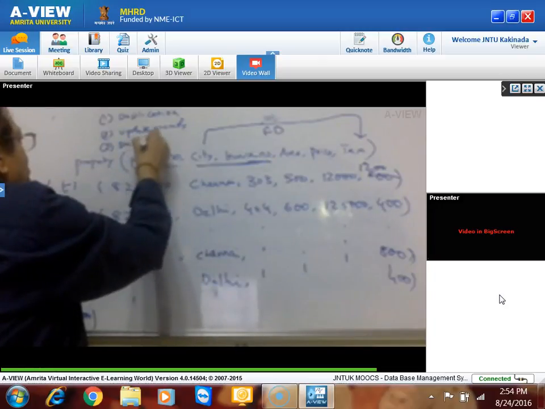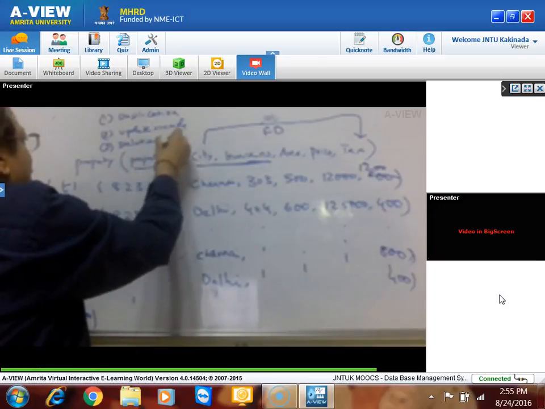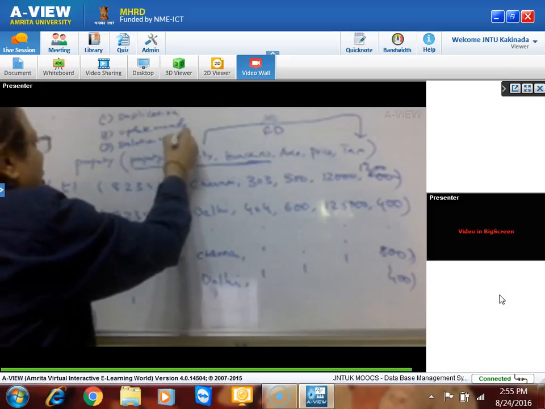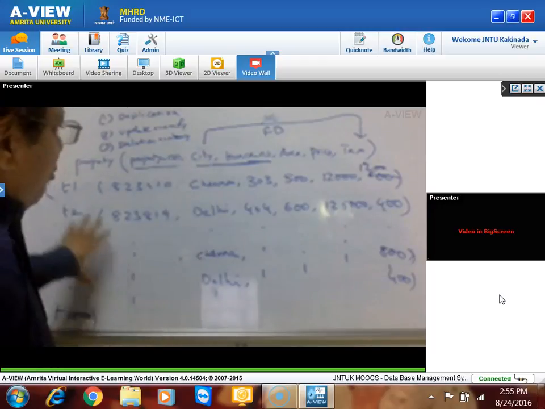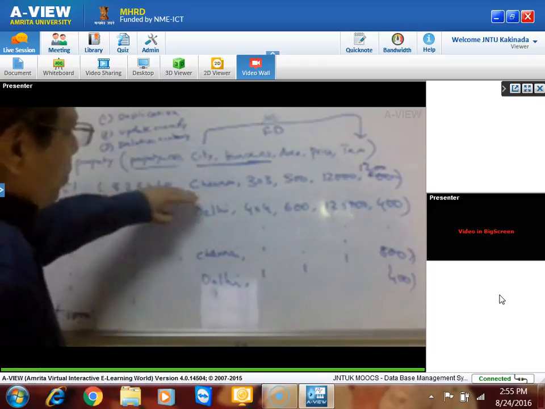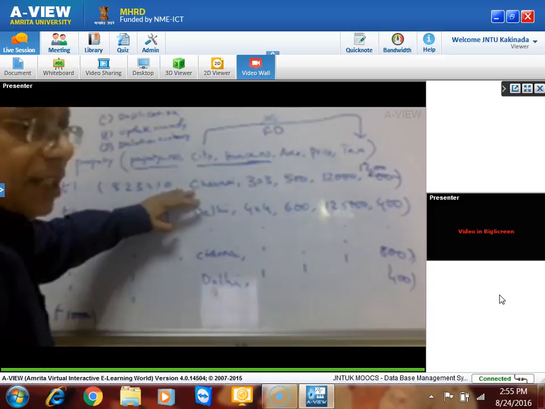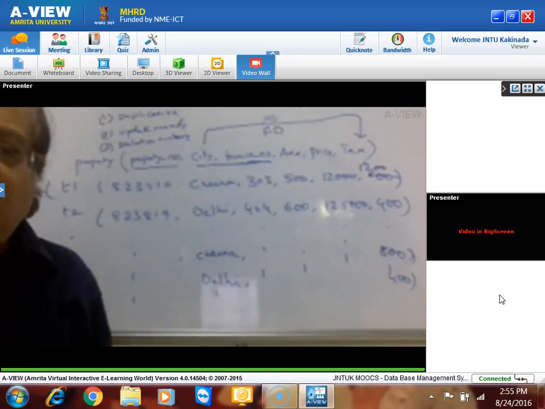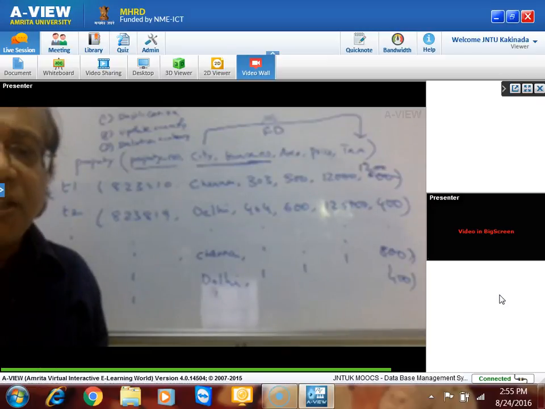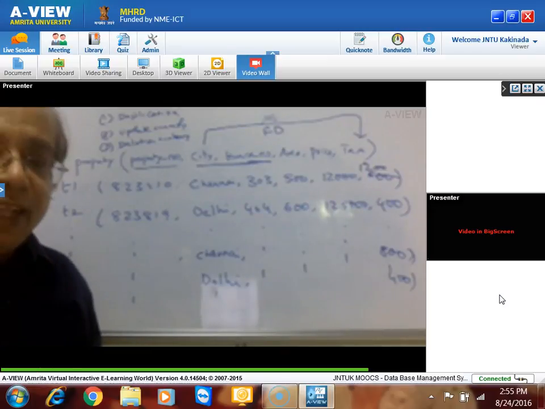For example, you want to delete a record. If you have a property record, say Chennai, and you delete this, along with it you also lose the information related to city and tax.